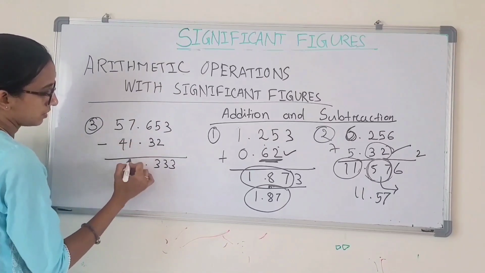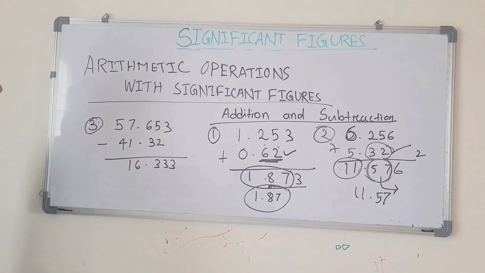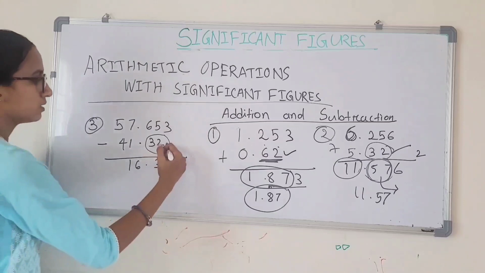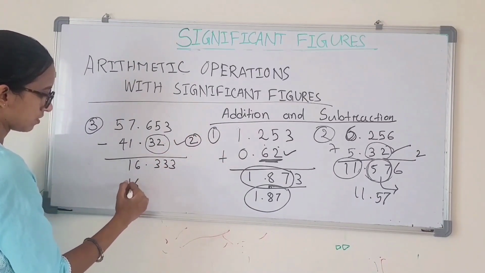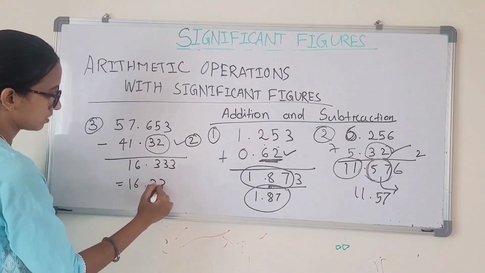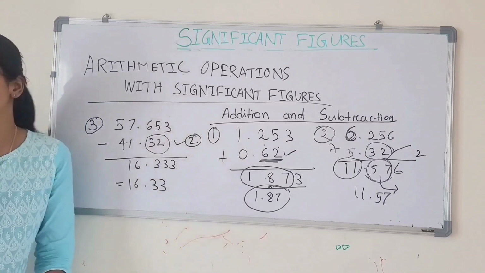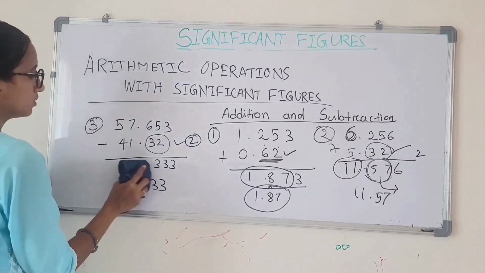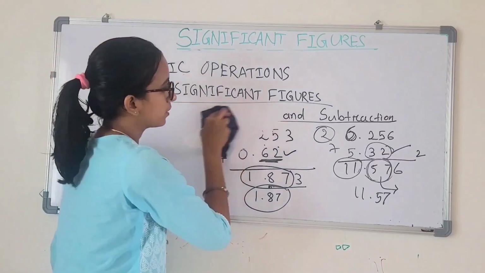Here also we have to consider the least number of significant digits after the decimal, which is 2. So we have to mention our result as 16.33. Okay, got it? If you need more examples, please let me know. In another video, I will tell you some other problems dealing with these arithmetic operations.